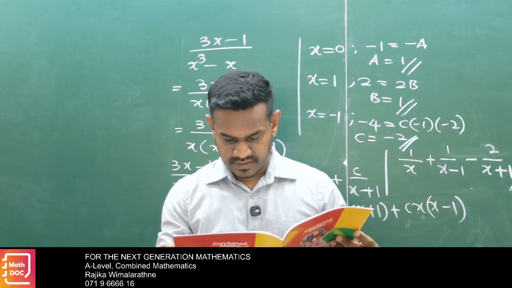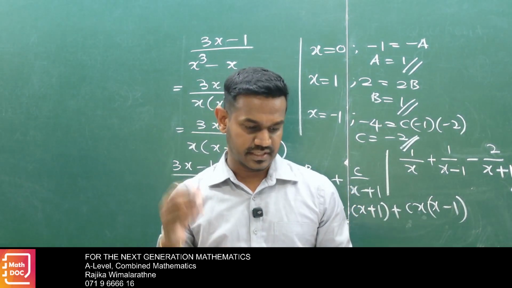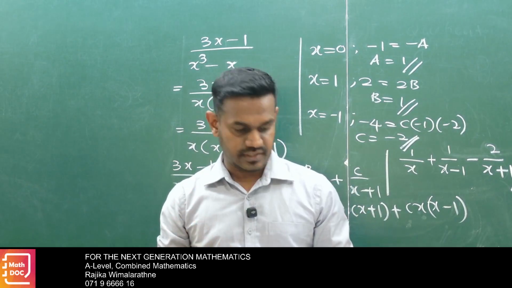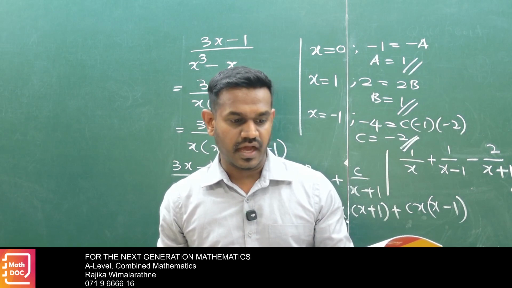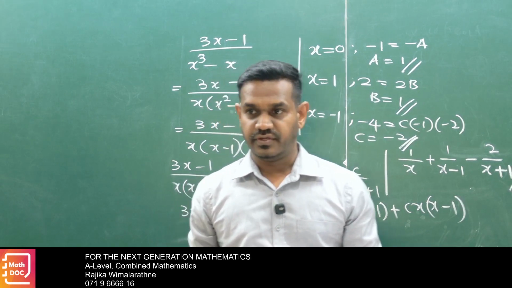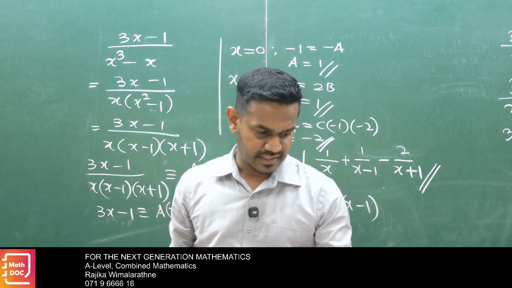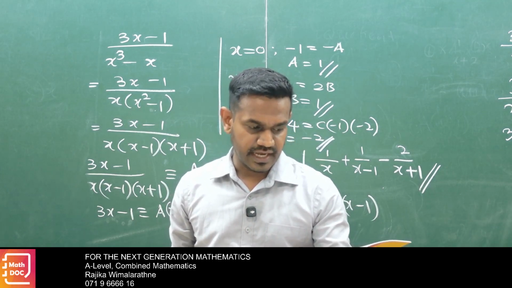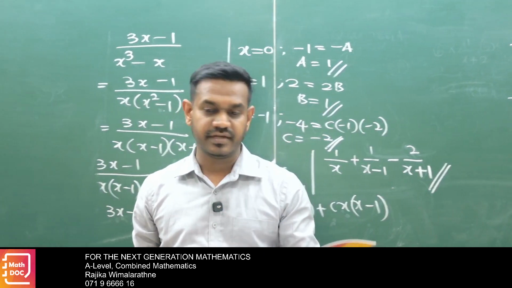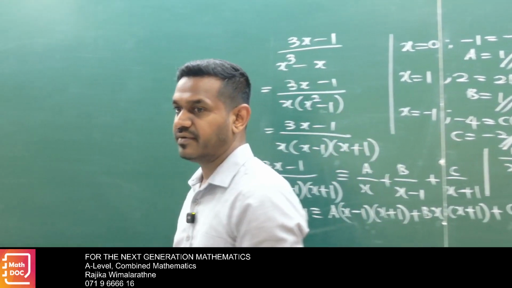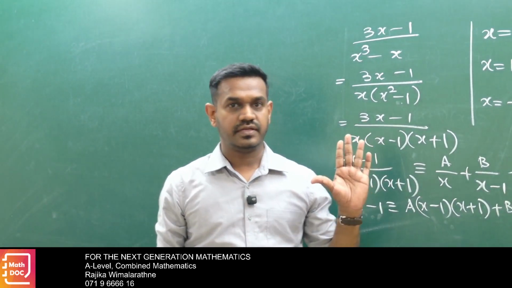Then on page number 15, there are some special partial fraction questions. No need to do those for now, but on page number 14, questions 93 to 114, you can continue. Just do a few questions, one by one. Take time.